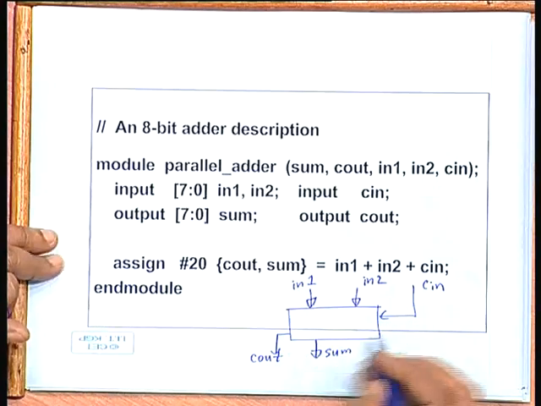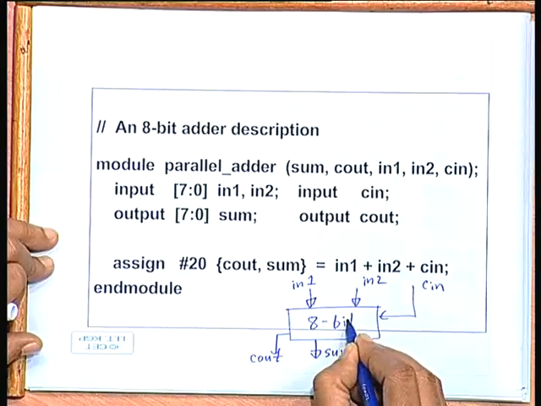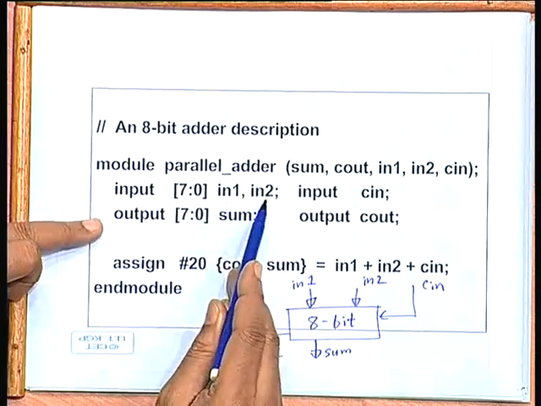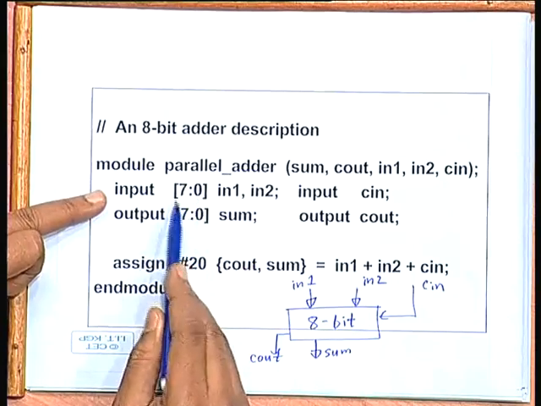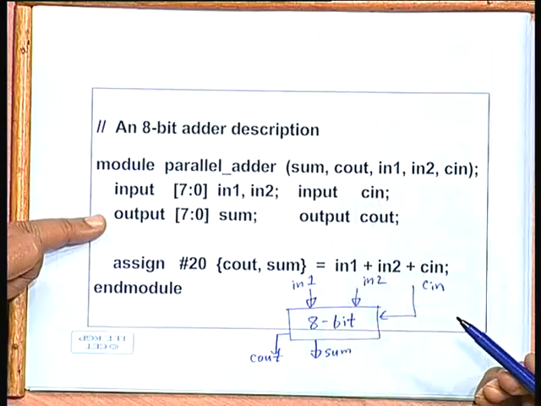This is an adder we want to model, and we are requiring an 8-bit adder. So, in 1 and in 2 we have declared as 8-bit quantities, sum is also 8 bits, C in and C out are single bit quantities.